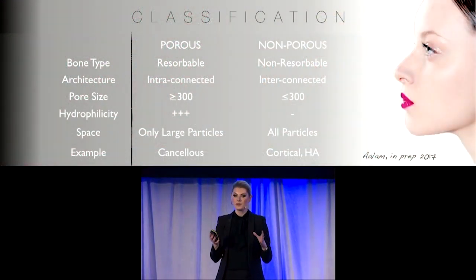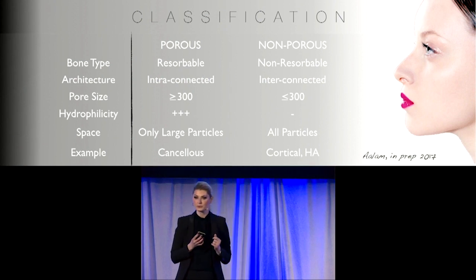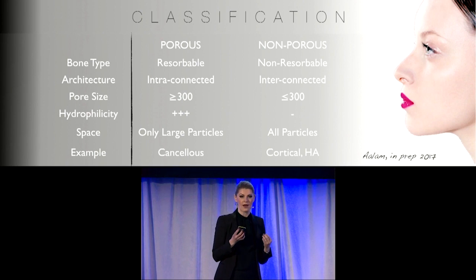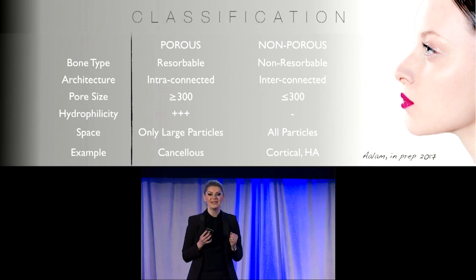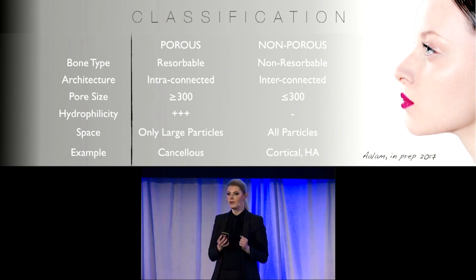So just to give you a little summary of what porous and non-porous graft characteristics are: the ideal porous graft has to be resorbable. As we said, it has to be replaced by the patient's own tissue. It has to be intra-connected.